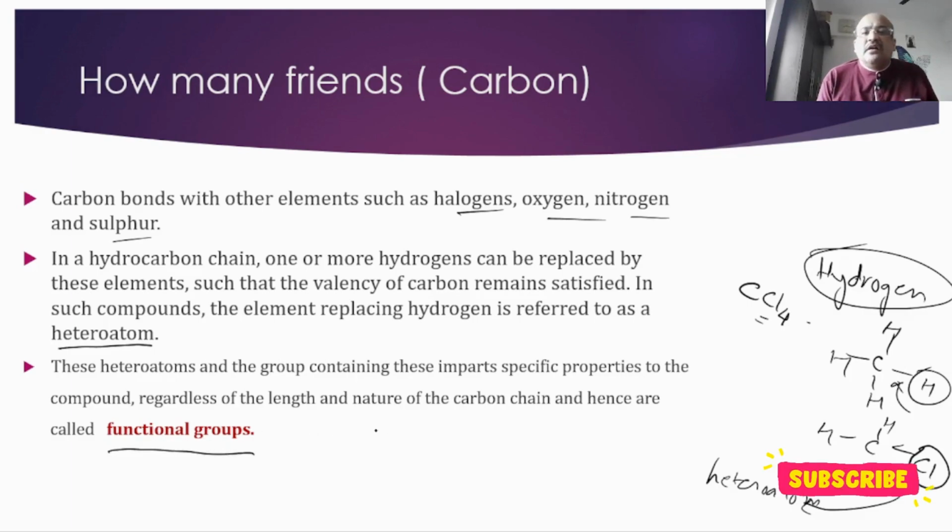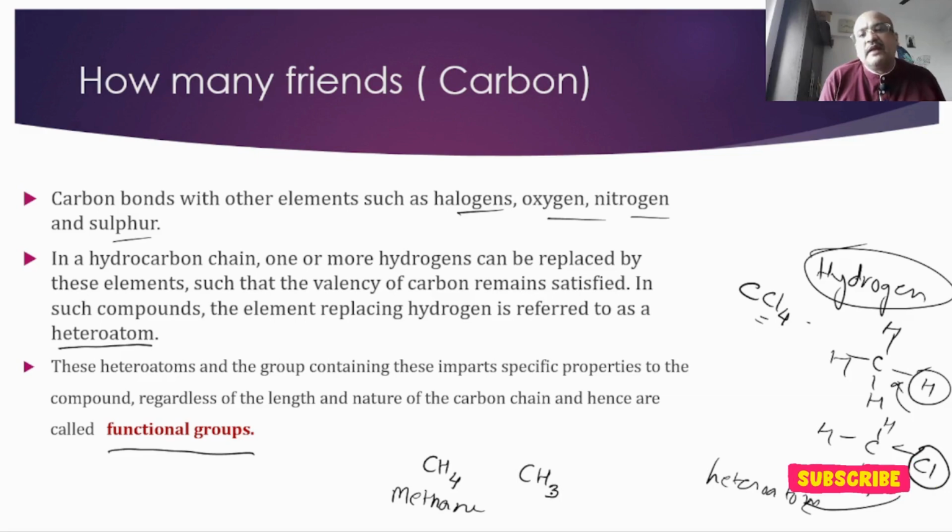Let me give you an example. CH4. This is my methane, right? Now if I replace one hydrogen with chlorine, one hydrogen goes, so it becomes CH3 and Cl will be there.